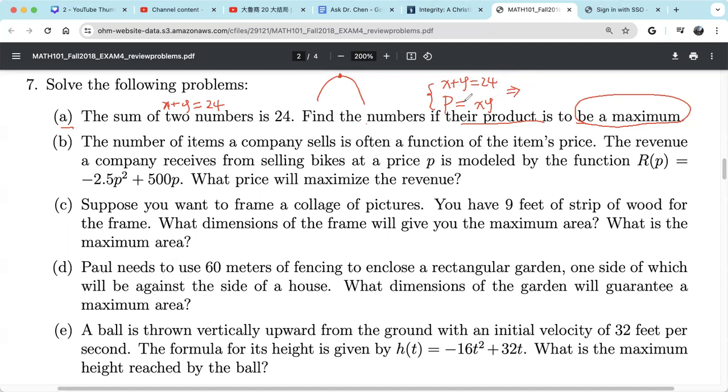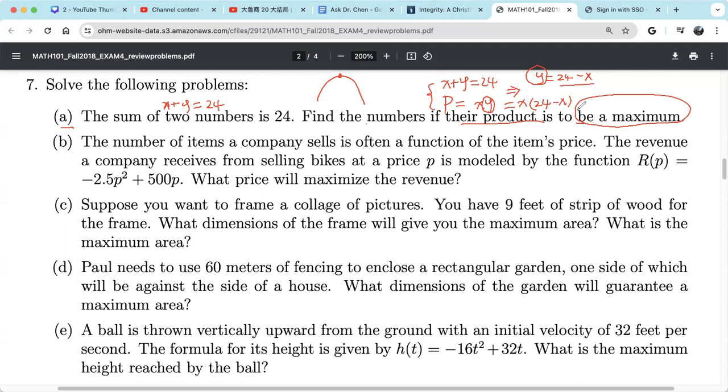Well, we have P equals the product, x times y. From the first equation, we can rewrite it as y equals 24 minus x. Then we substitute such y into this one. So P equals x times y, and we use this value, 24 minus x.